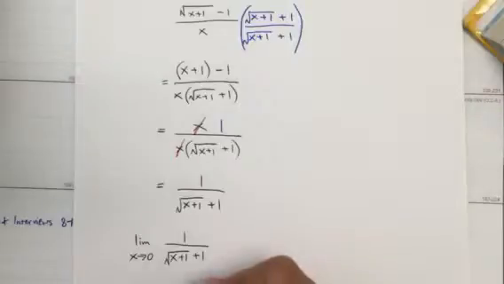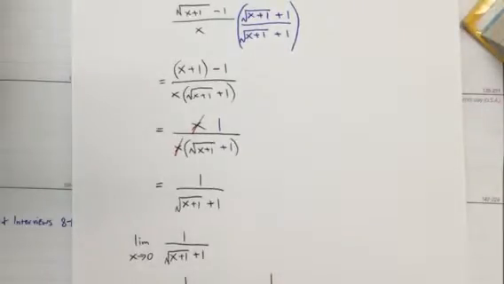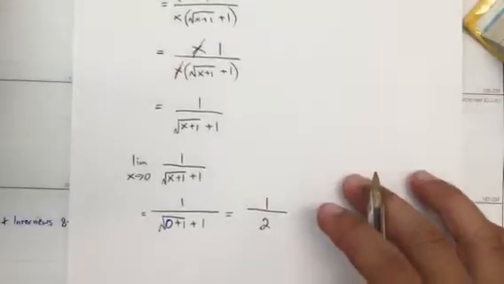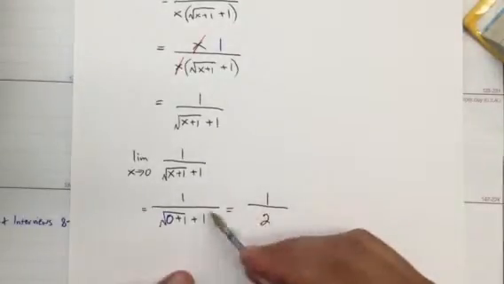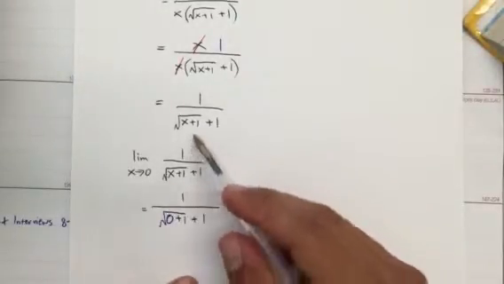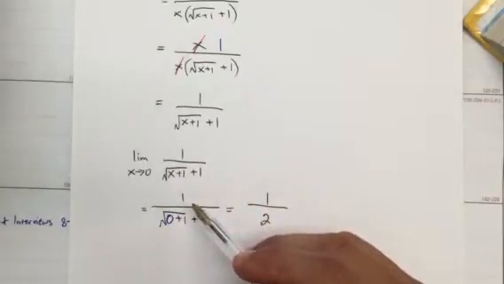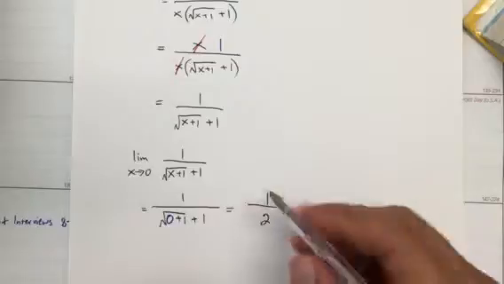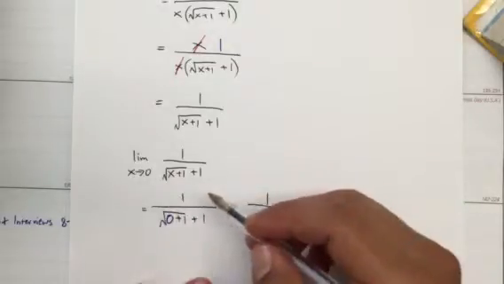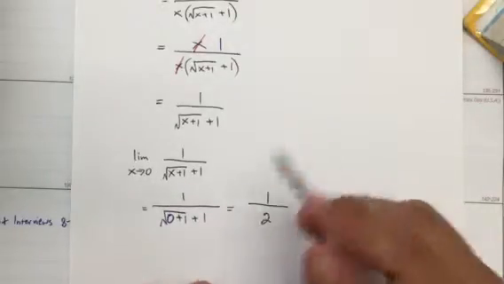The square root of 1 is 1, plus 1 equals 2. So we get 1 over 2. Sorry about that. When we plug in 0 into this expression, we can use direct substitution and we get 1 over 2. So the limit as x approaches 0 is actually 1 over 2.